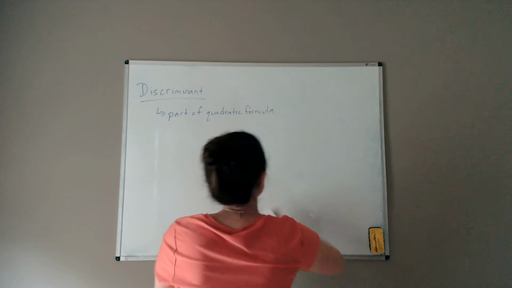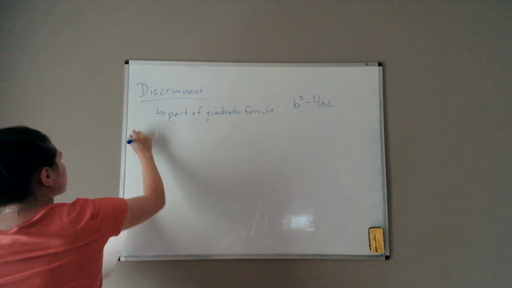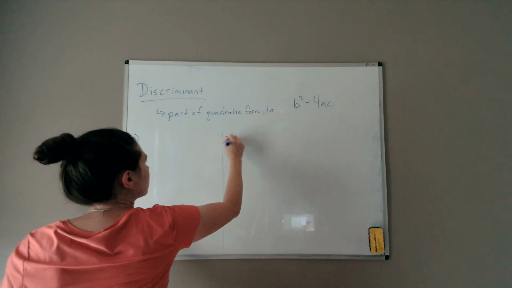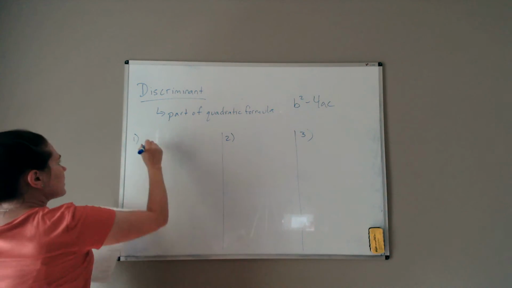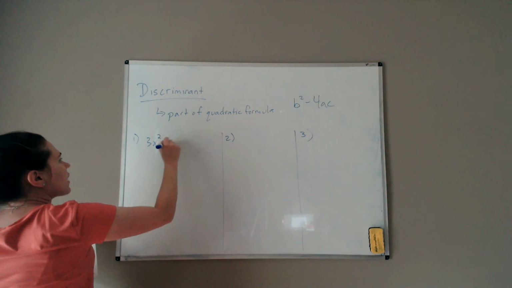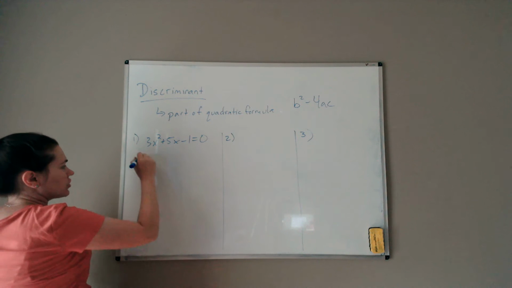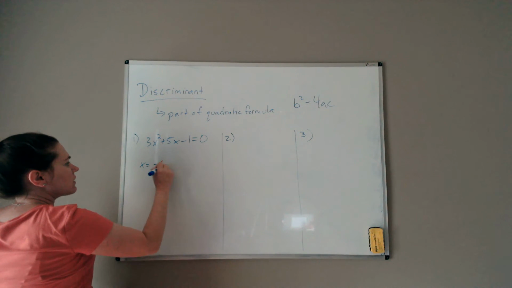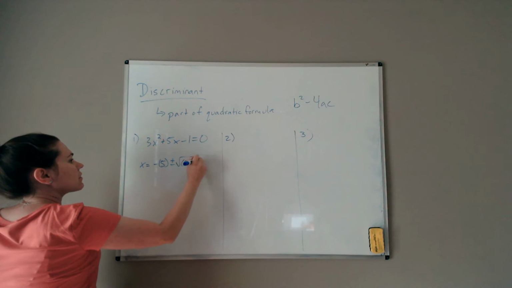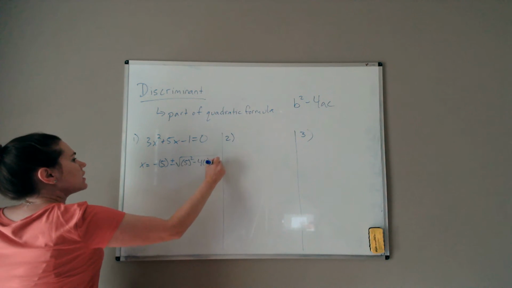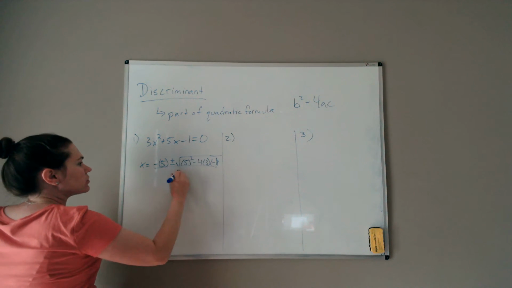So remember, the discriminant is that b squared minus 4ac. We're going to talk about it. Okay, so number 1 is 3x squared plus 5x minus 1 equals 0. So if I solve this equation, okay, x equals negative 5 plus or minus the square root of 5 squared minus 4 times 3 times negative 1, all over 2 times 3.